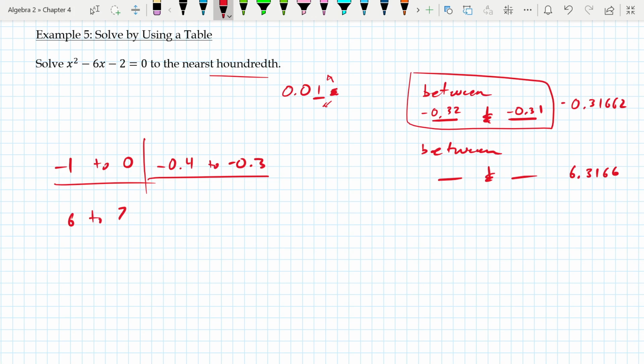And I don't need NumWorks anymore. So what we just wrote down was negative 0.31662. And if you notice, my answers are between negative 0.32, which would be this number moved up one decimal place, and floored, cut off, so negative 0.31.